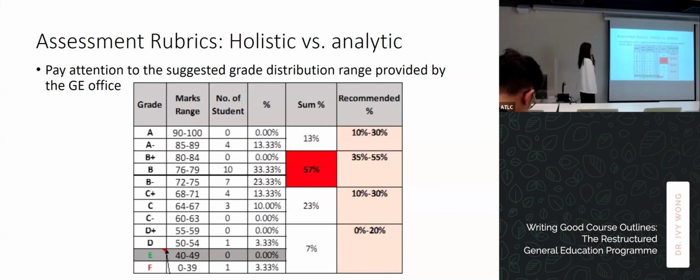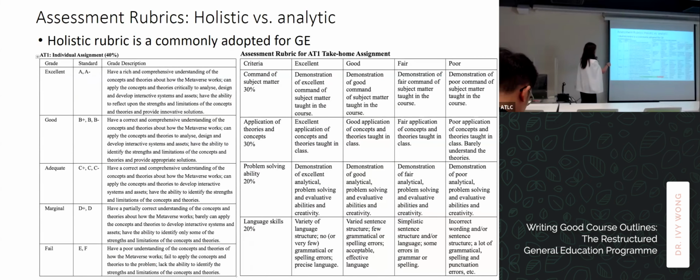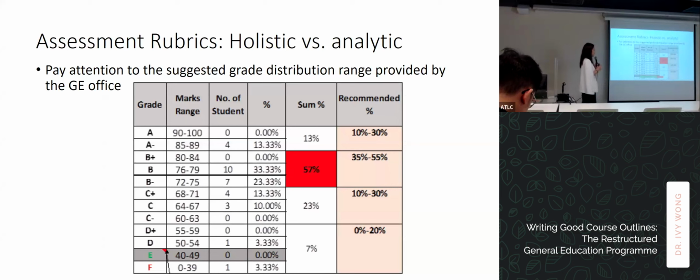Okay. Now, sometimes the problem with a holistic rubric is that it's so holistic that you only have a rough idea of the grade that the student would get. Then you might run into trouble when you look at this mark range because you only have a brief evaluation, then you might exceed.